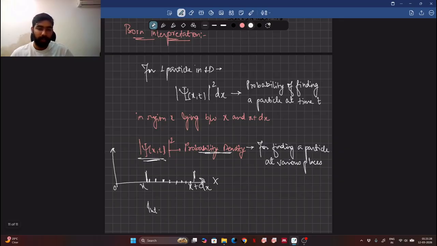So integrating the probability density over the whole region will give us the probability of finding that particle.